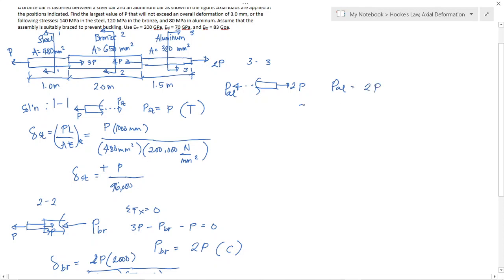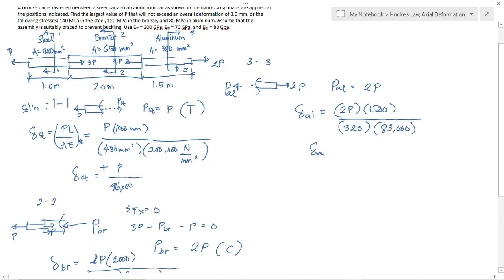Now, substitute the deformation for aluminum. Sorry. Okay, deformation of aluminum will be equal to 2P times L. It is PL over AE again. So, 1,500 divided by the cross-sectional area, which is 320, and the modulus of elasticity is 83,000.